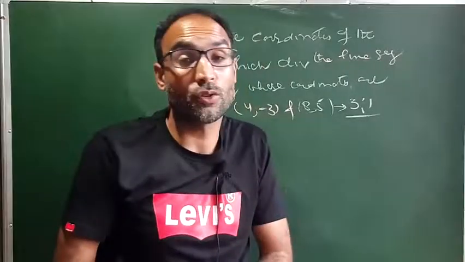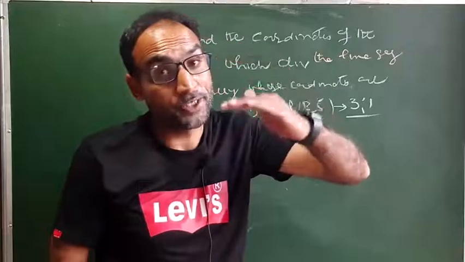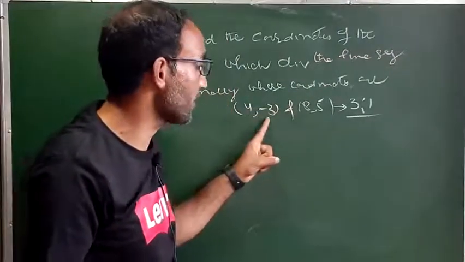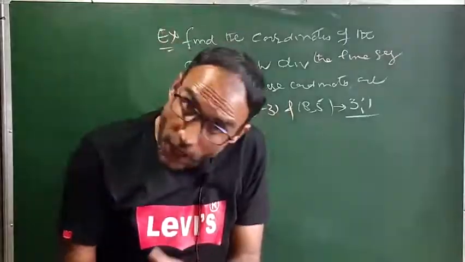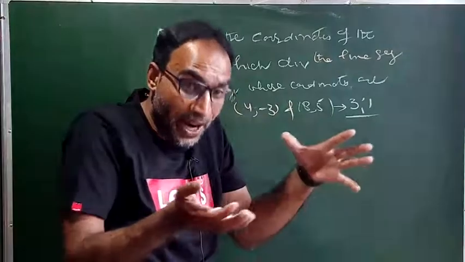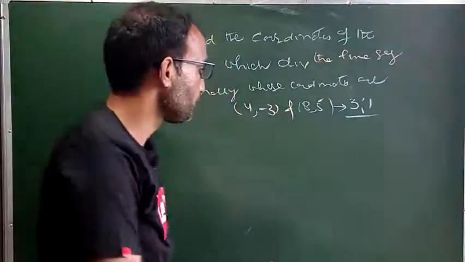So the question is: find the coordinates of the point which divides the line segment joining the points 4 comma minus 3 and 8 comma 5 internally in the ratio of 3:1.